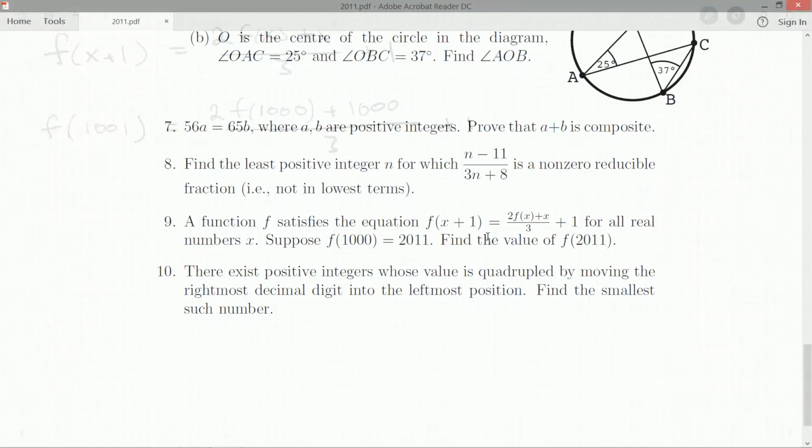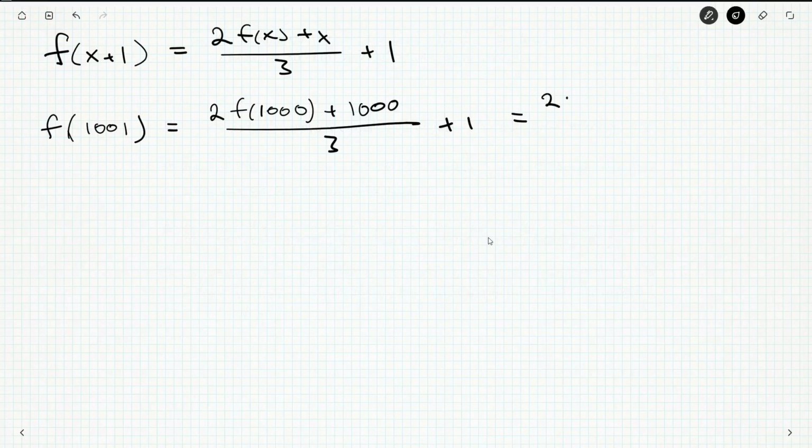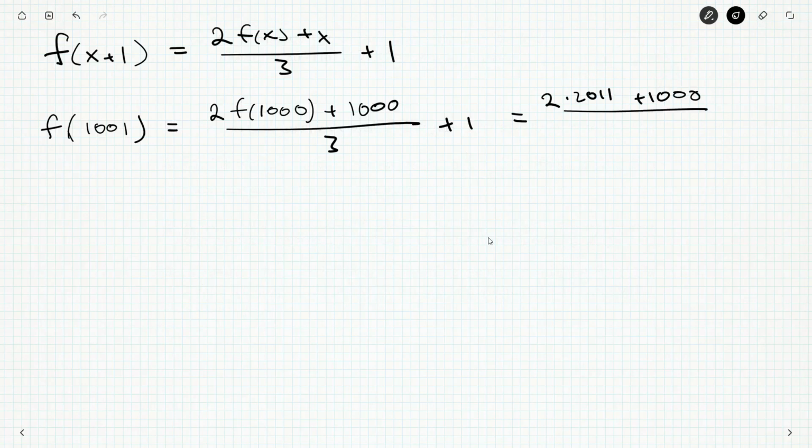I do have the formula, right? Yep, okay. Good formula. So that's 2 times 2011 plus 1000 all over 3 plus 1. Okay, so that's going to be 4022 plus 1000, so it'll be 5022 all over 3 plus 1.